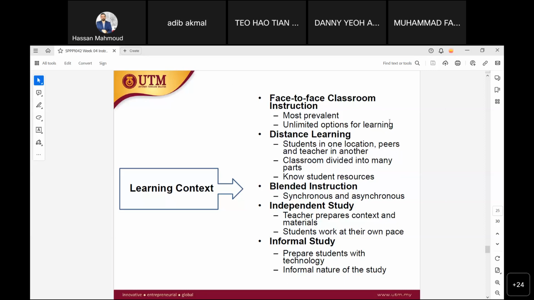I'm not asking you to talk. I'm asking you to type the answer, because obviously you don't like to talk, except for some of you. The main difference is in one line: learning strategy is what, and learning context is what. Just one term, one concept.